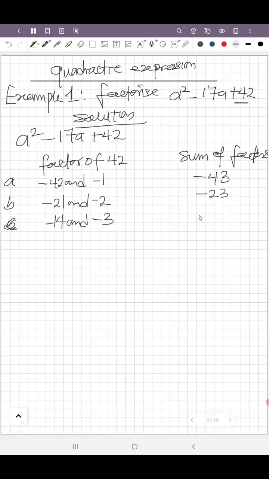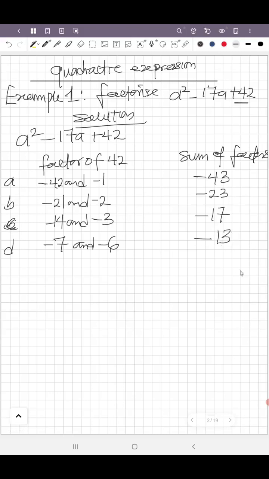Adding them together, we have minus 17, and when we multiply, it gives us plus 42. Let's have another factor, minus 7 and minus 6. When we add them together, it gives us minus 13.